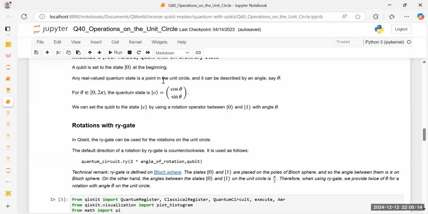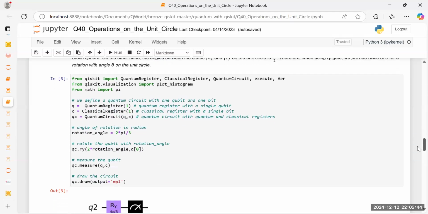So we have a general form for a qubit where just by changing the angle here, we can get a different quantum state. When we apply the RY operator or the RY gate, we can perform some rotation and end up at a new location, which will be a different quantum state.